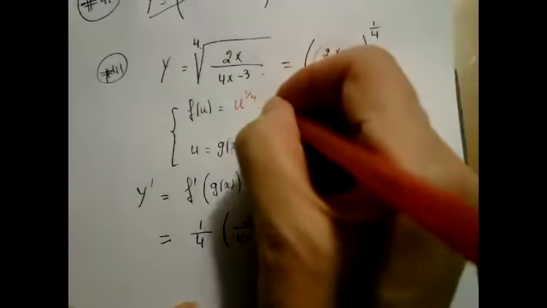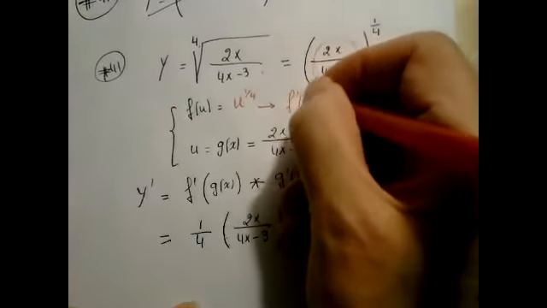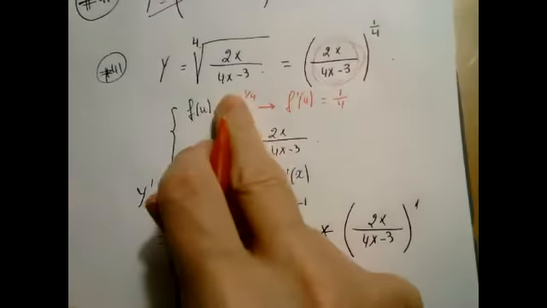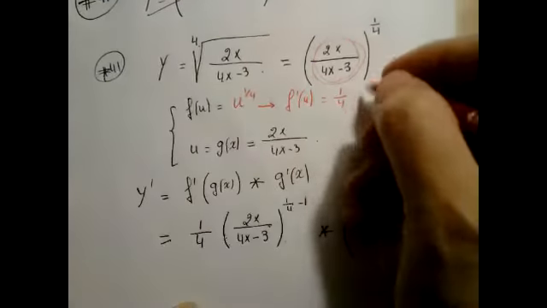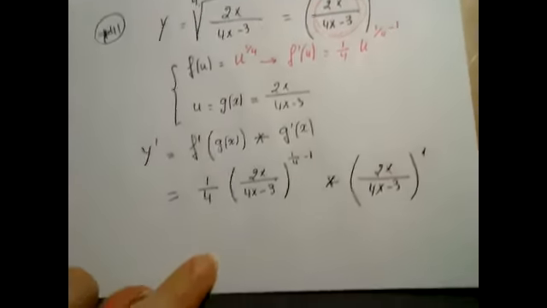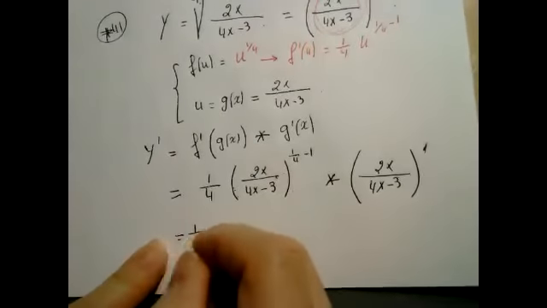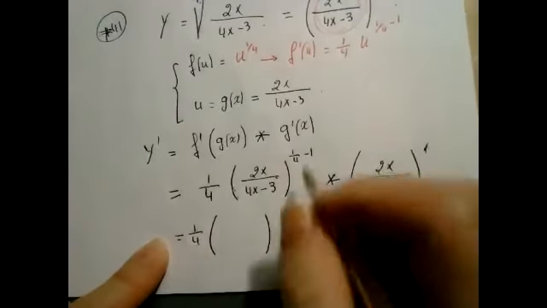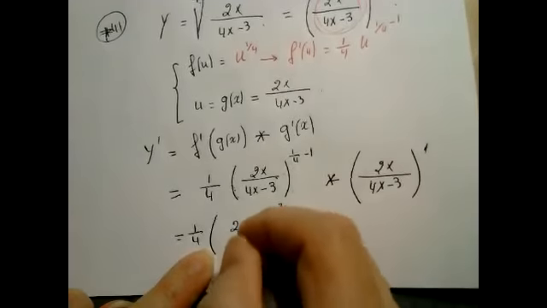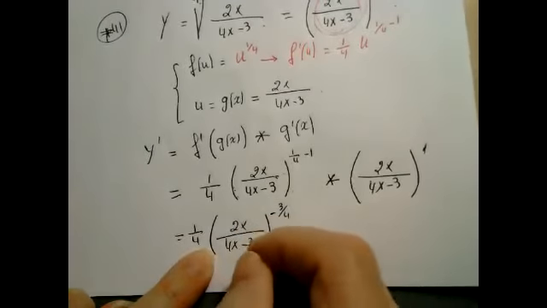Or we can go here and find the f prime of u, but we know what we're doing. We're finding the derivative of the function that takes an expression to the power 1 over 4, which is this one. And now this is easy because 1/4 minus 1 is minus 3/4. So there is nothing here, it is a fraction.